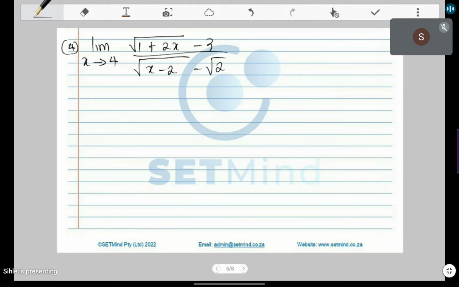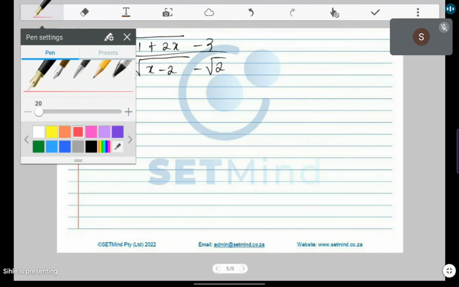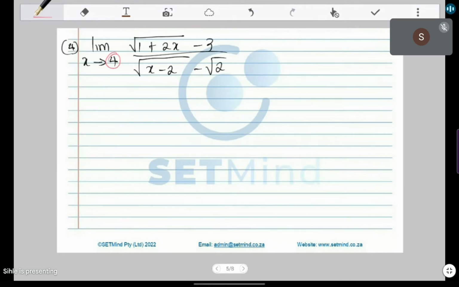So the first thing you should always try to do is just try to sub in the value here. Let me put a 4 here on x and let me put a 4 here. Let me see what I get.